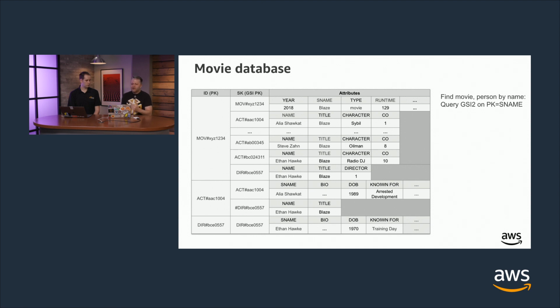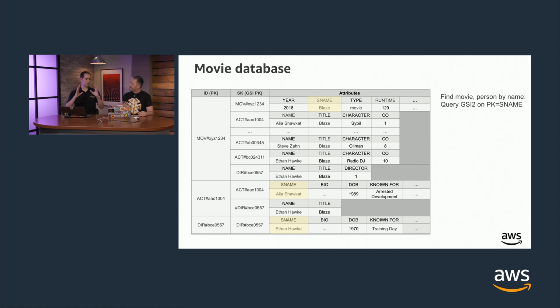That simply goes back to the notion that we should have unique IDs and be able to avoid duplicates in our data, right? But in order to find the movie, we need to have a GSI then. We have an attribute, name, and we have a GSI on that.